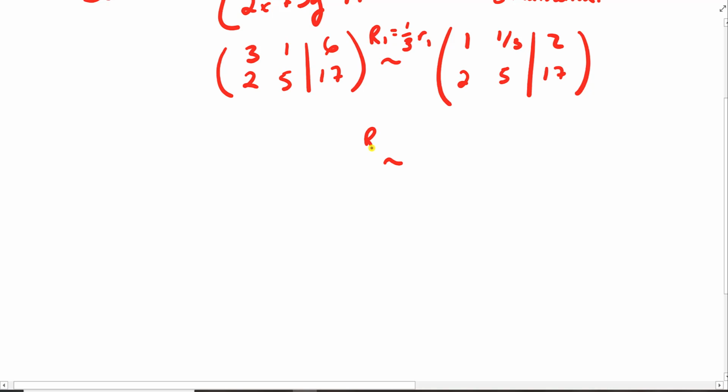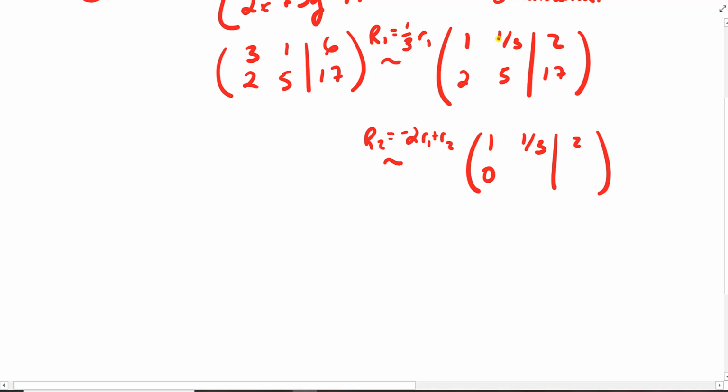So let's just summarize that. The new row 2 is -2 times the old row 1 plus the old row 2. Let's recopy the pivot row since we're not working with it. Then to find this new row, we take the first entry, 1, multiply it by -2, and combine it. That gives me the 0 that I was after there.